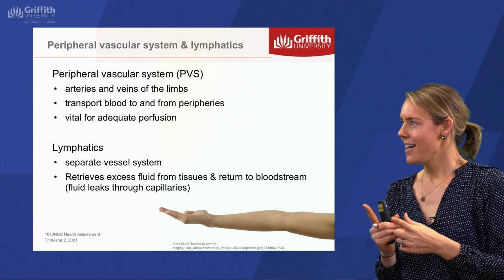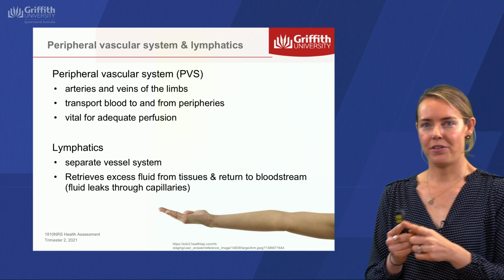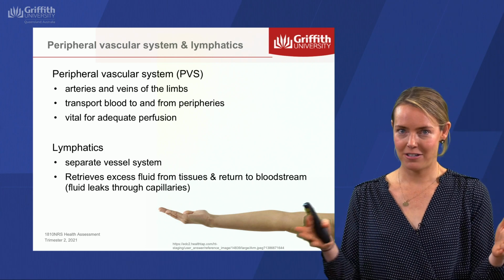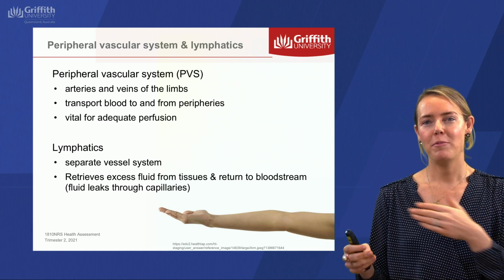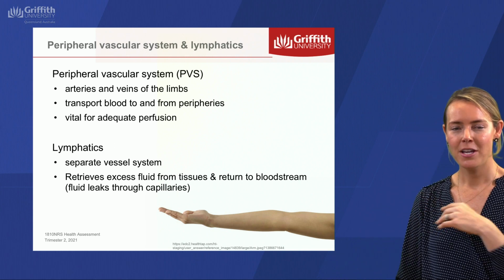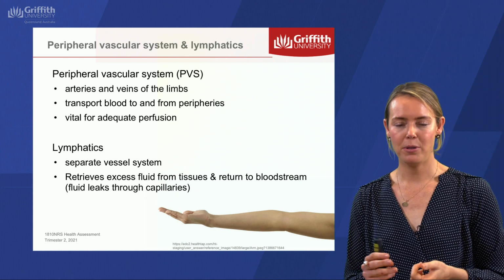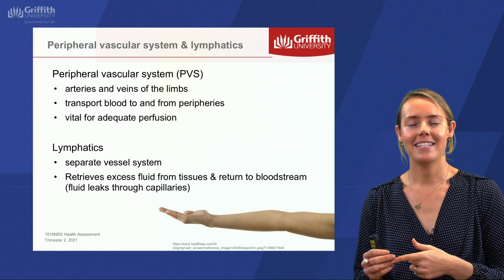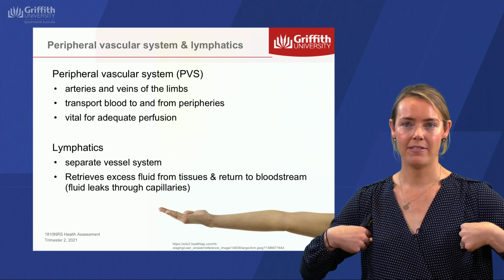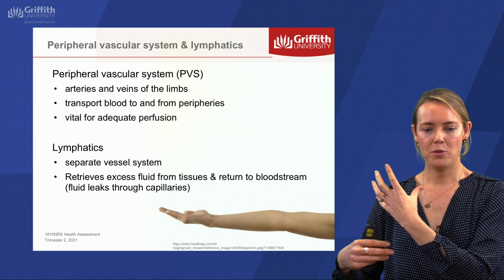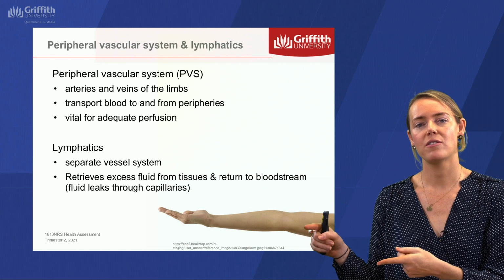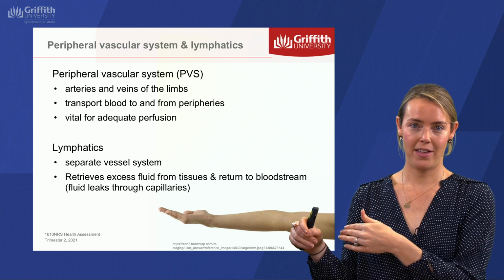Where you can see that this doesn't work effectively, and you have probably seen this out and about in the community, is that someone might be wearing a tight compression stocking on their arm. Particularly after people who've had a mastectomy and what we call an axilla clearance. We've all got lymph nodes under our armpits. Sometimes with a mastectomy, if they think there's cancer involvement in that lymph node, they'll remove it.